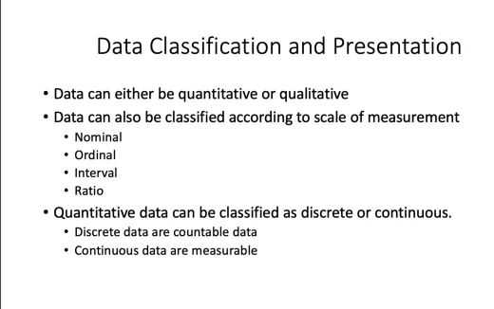And because for discrete data they are countable, we can only report discrete data in integers or whole numbers. And for continuous data, because we measure them, they are measurable, we can report them in decimals or fractions.